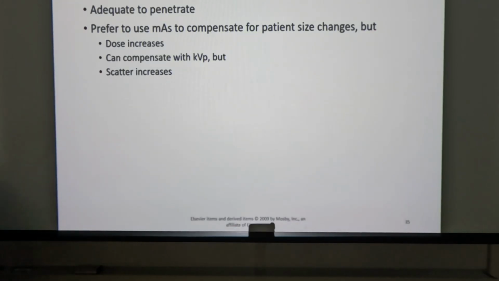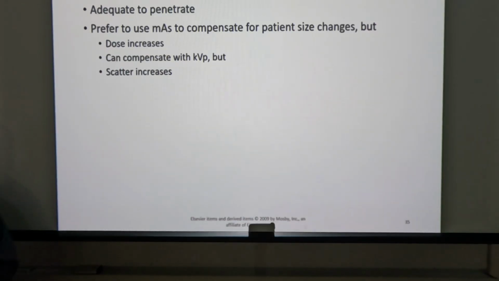But just know that as you increase the thickness of the tissue, you increase kVp, you're going to increase scatter radiation. It's going to be an exponential change. So we prefer to increase mass. The problem with that is the dose increases.